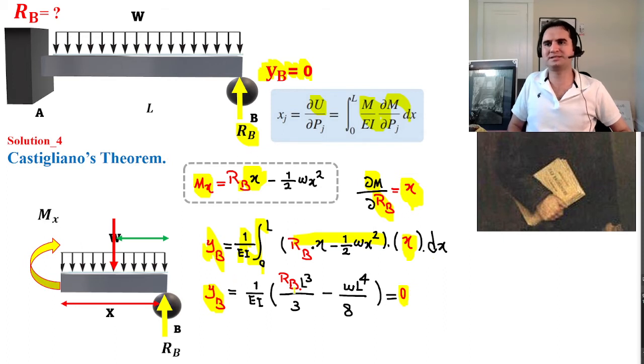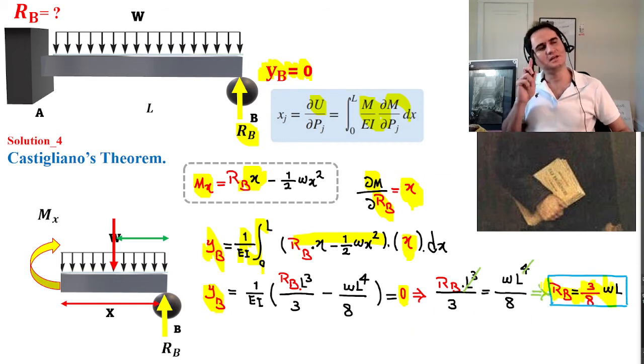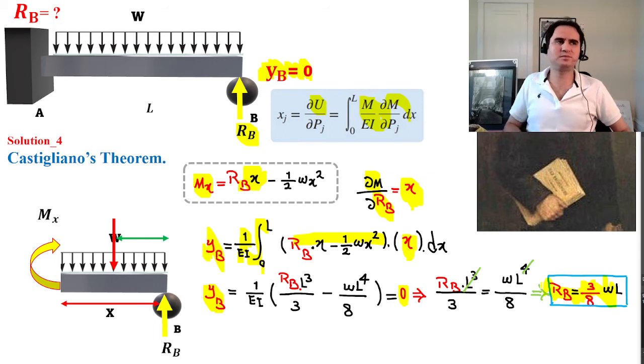If you do the math, it gives you 1 over EI, RB times L cubed over 3 minus WL to the fourth over 8, and that gives you RB is equal to 3 over 8 WL, which we already calculated with all the previous methods.